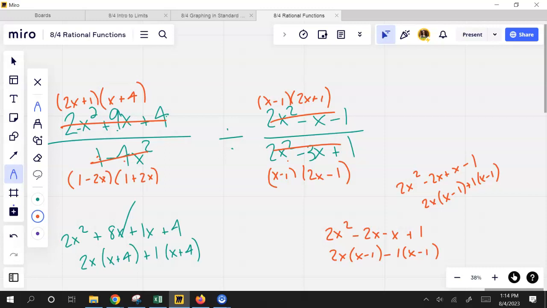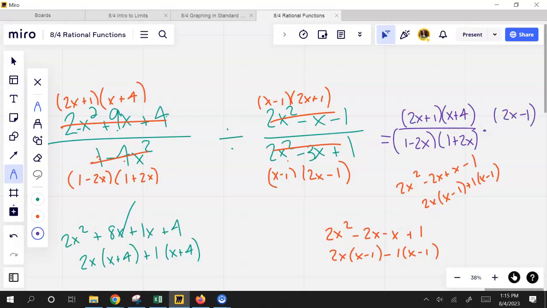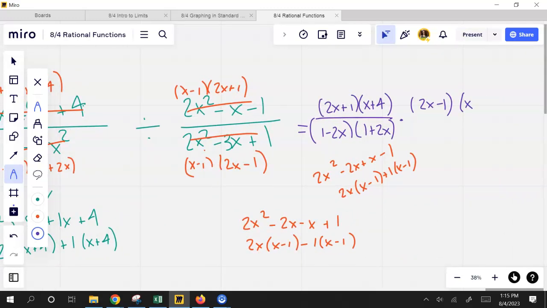Now I'm going to rewrite the problem. I'm going to do first times flip of the second. And I'm going to rewrite it so I can really see what's canceling out. But now everything's in factored form, so it should be a lot easier. x plus 4 over 1 minus 2x times, now I'm going to flip over 2x minus 1, x minus 1, x minus 1, 2x plus 1.